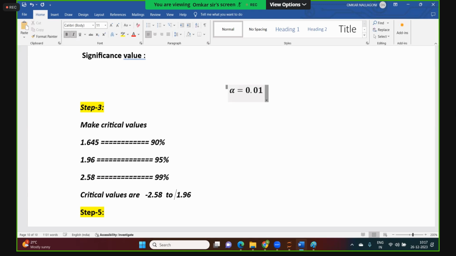The critical values are 2.58 and 2.58, correct?